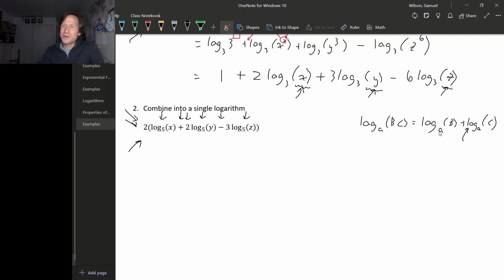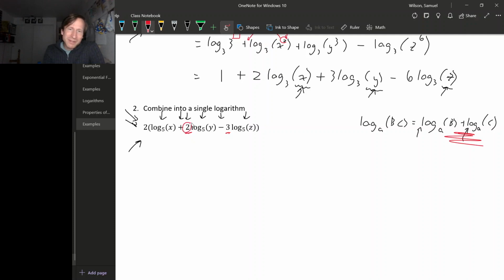This doesn't have any coefficients in front of our logarithms. So before we can use the sum to product rule for logarithms, we need to move this 2 and this 3 somewhere else. Well, where else can we put them? We need to move them somewhere where they aren't going to get in the way of using the sum rule.